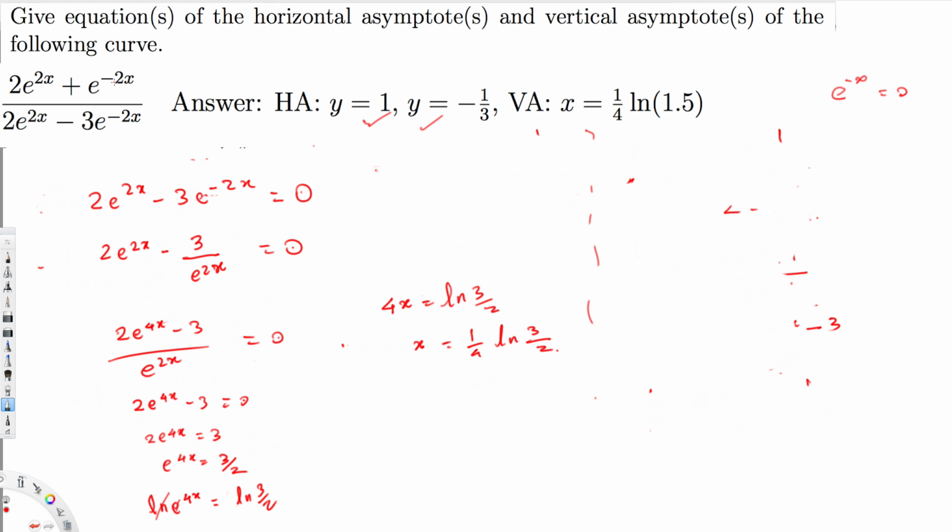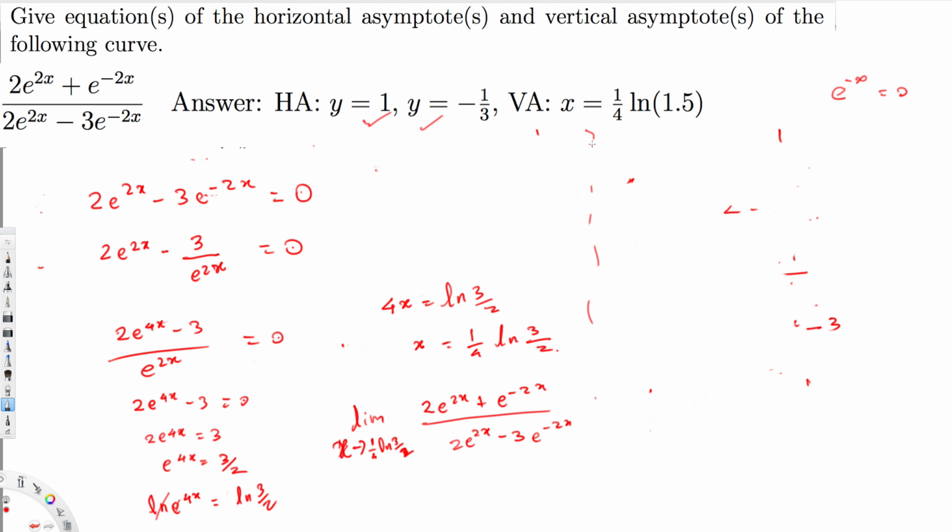First of all, we have this equation. I copy it down: (2e^(2x) plus e^(-2x)) over (2e^(2x) minus 3e^(-2x)), as x approaches 1 over 4 ln 3 by 2.